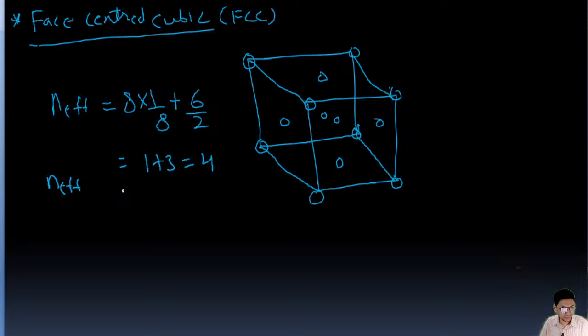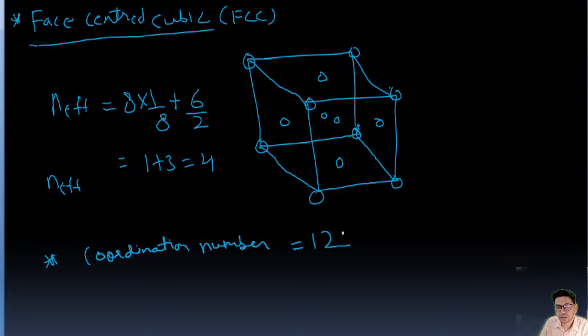Next, the coordination number, that is the number of first nearest neighbors. The coordination number is 12.